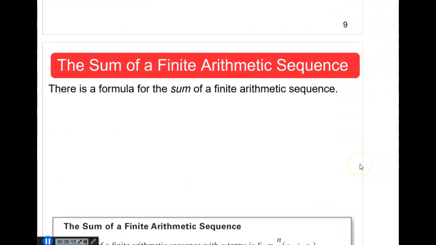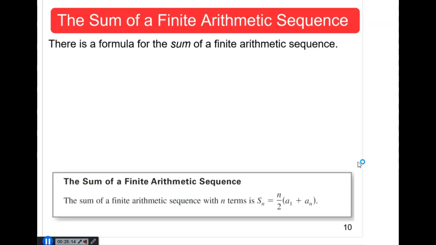Now, there is a formula to determine the sum, or the addition, of a finite arithmetic sequence. Remember, finite means that we know what the last term is.